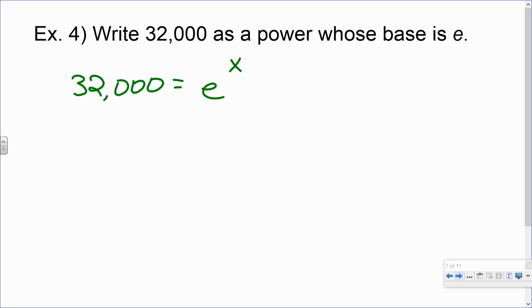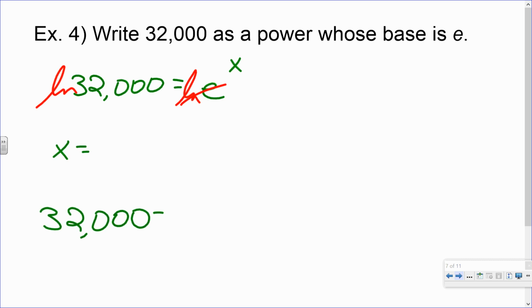So Grace, what do I do to both sides? Take the natural log of both sides. Maya, what does my exponent need to be?